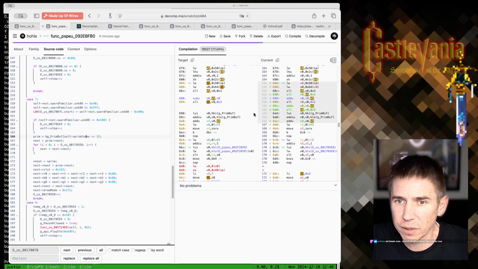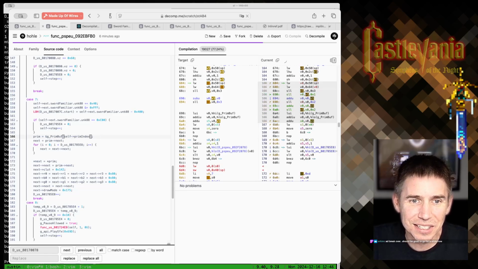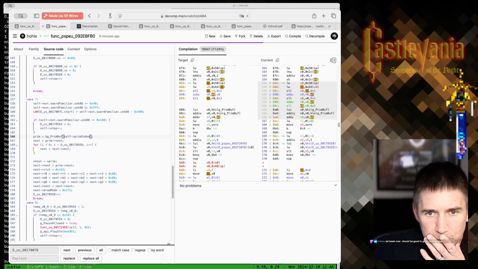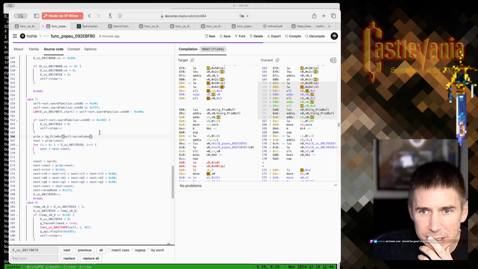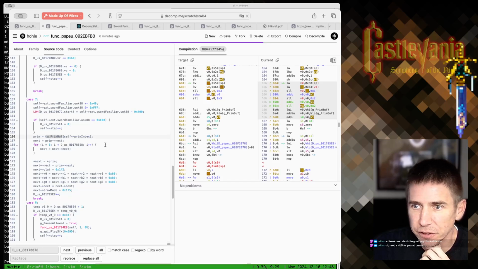All right, so what I'm looking at here is actually a little bizarre, and I'm not sure what to make of it. We're taking an index from the primitive buffer.